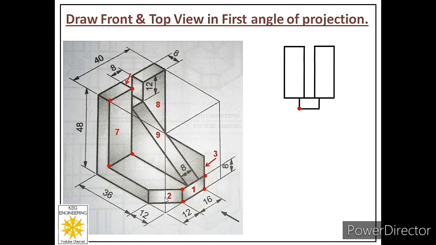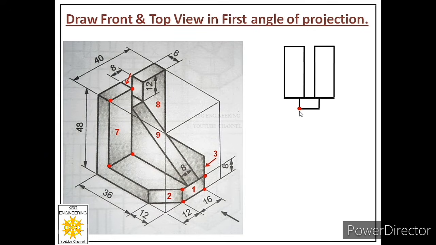Okay, so how to plot face number 2? Rules are again the same. See how many points are there on that face. How many? 1, 2, 3, 4. So pick any one point and locate that point with respect to other faces drawn by us. Now if we pick this point of face 2, you can see this point of face 2 is also shared by face 1, and that point is already marked over here. It means we have located the position of face 2 with respect to face 1.